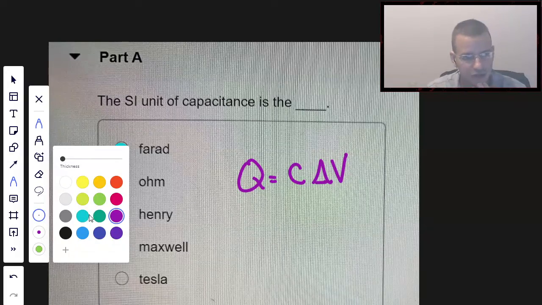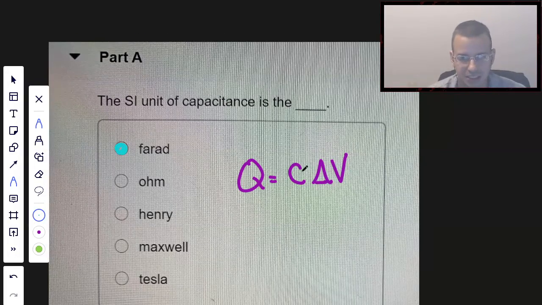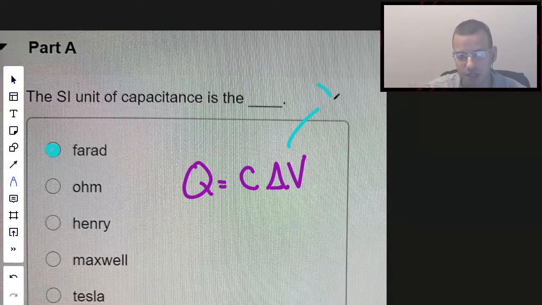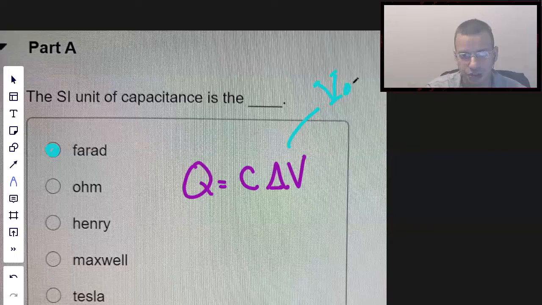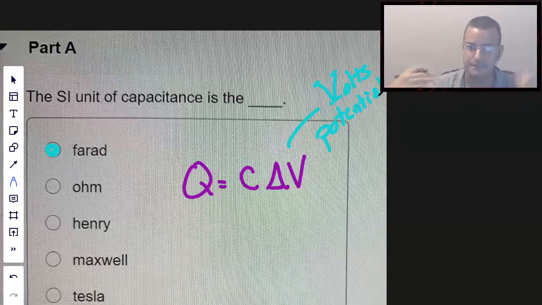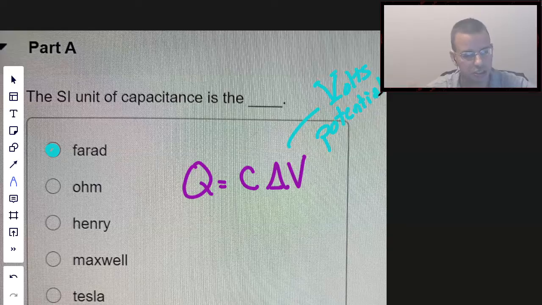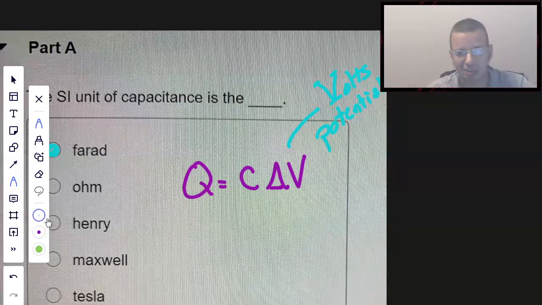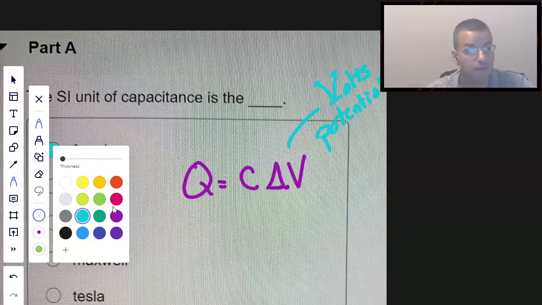And you're going to hear a lot of names for these things, which makes it challenging. So voltage is measured in volts, which is convenient, but it's also referred to as potential. So whenever you see the phrase potential, you can basically replace the word potential, electric potential, with voltage.